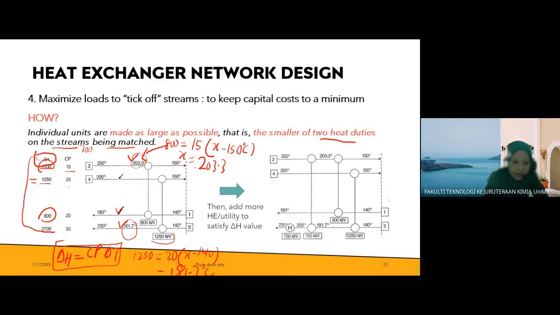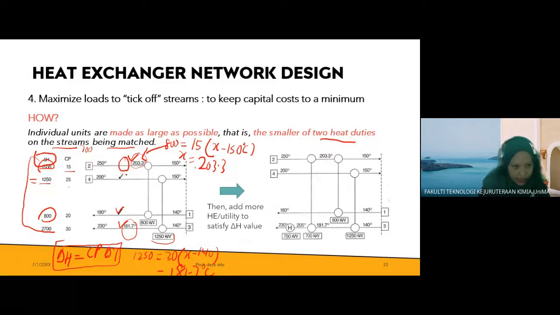Meaning that 1,500 minus 800. So you need additional duty here. So you just add the heat exchanger, but then you don't know where to pair. Which stream can be paired with stream 2, right?